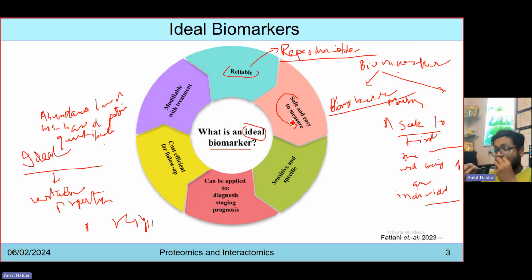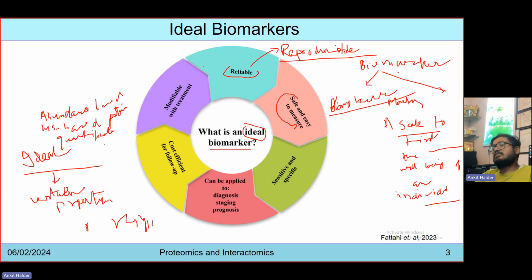So you can understand that if we can detect and identify certain markers in saliva or sweat, it will definitely be very good, very safe, and easy to measure. Third is sensitive and specific.